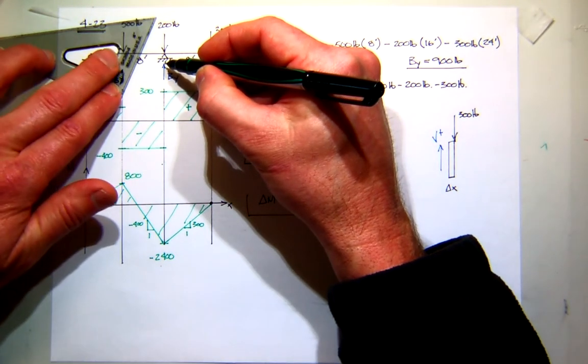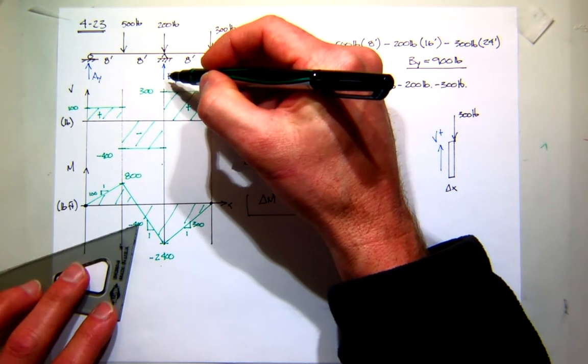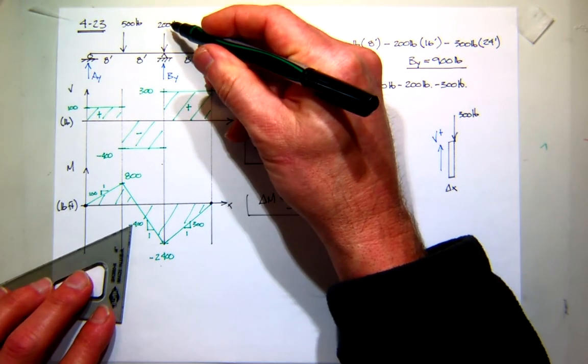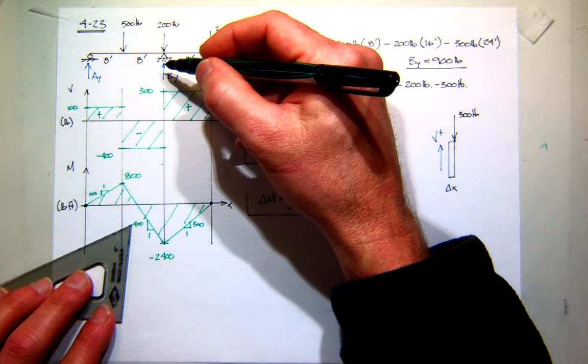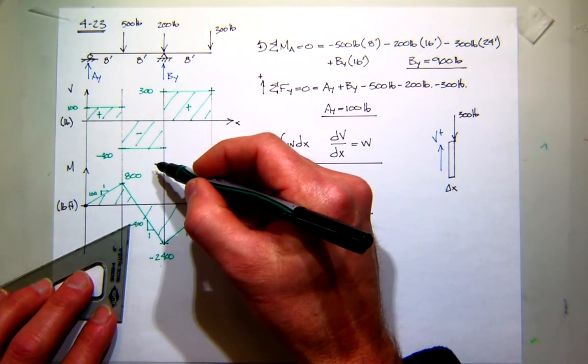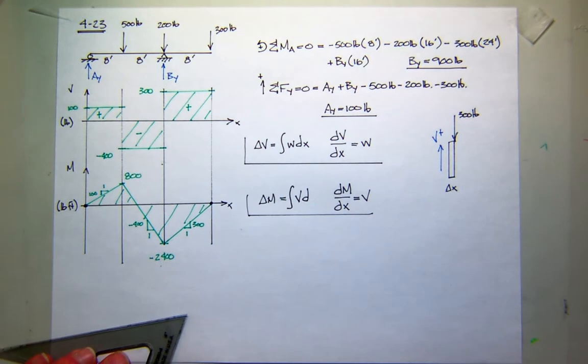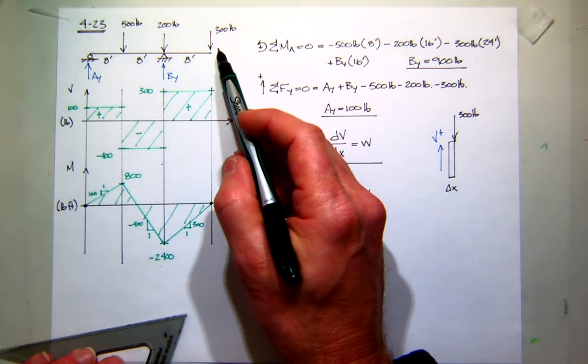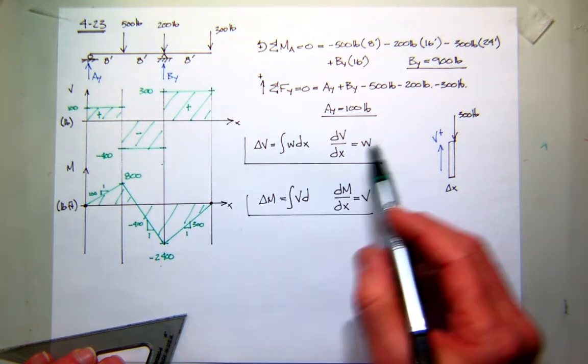And then I have the 200 push me back down, or you could take the sum here. 900 up, 200 down, that's really 700 up. So negative 400 plus 700 brings you to 300. The other good thing too here is that it needs to match the shear you would expect out here at the free end, like we talked about over here.